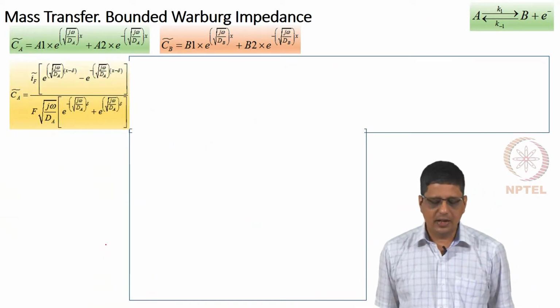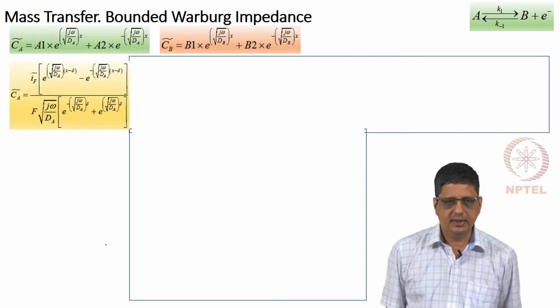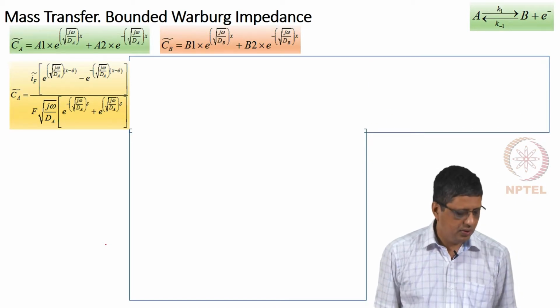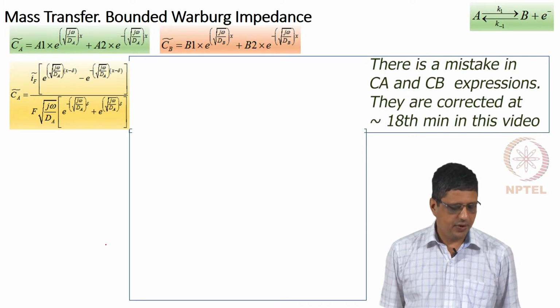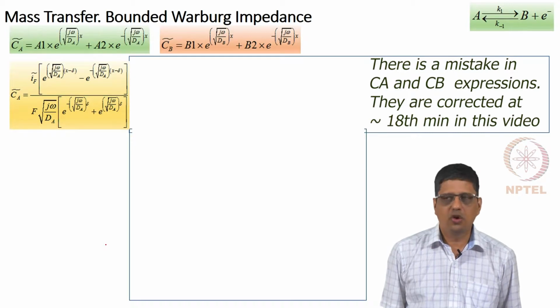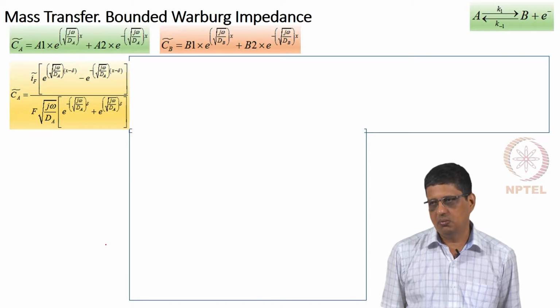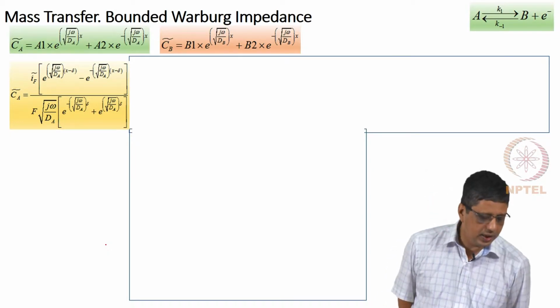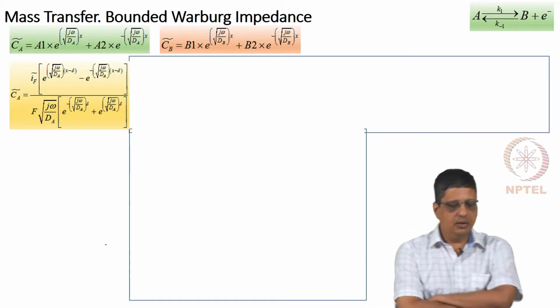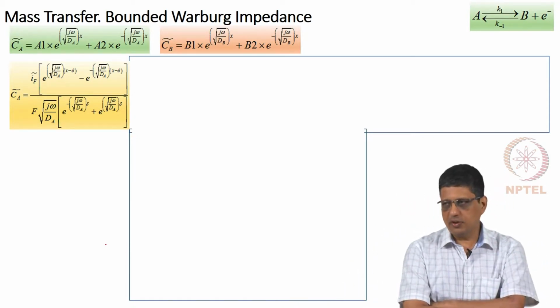So, if you get the value of A1 and A2, do you get an equation like this? So, concentration fluctuation, the magnitude and phase depend on the location x. We really want to know the concentration fluctuation at x equal to 0, but here you can see if x equal to delta, you get 0 fluctuation.